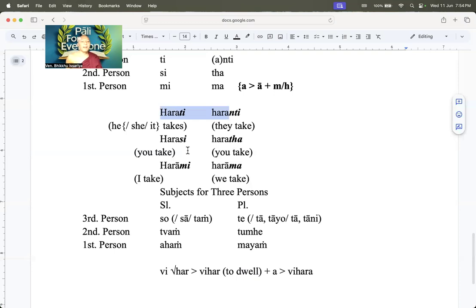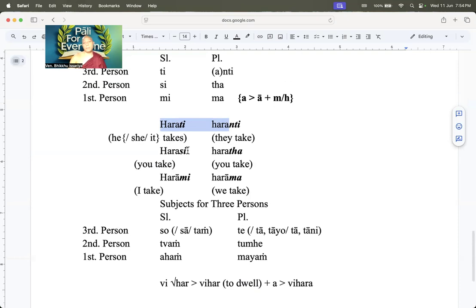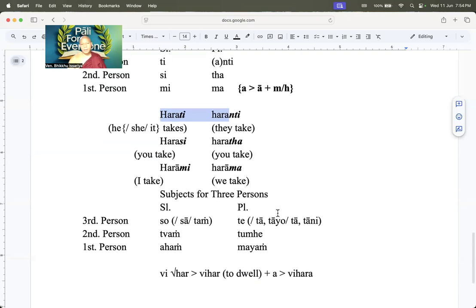You see? So that is why, if we understand the verb system clearly and systematically, it is not so difficult in Pali actually. So haradi, harandi, harasi, harata, and harami, harama in this way.